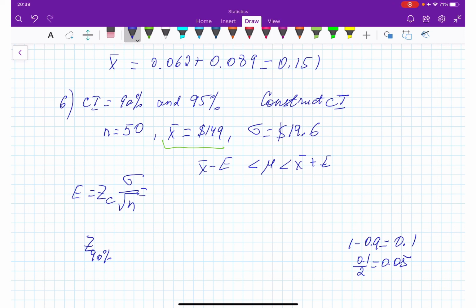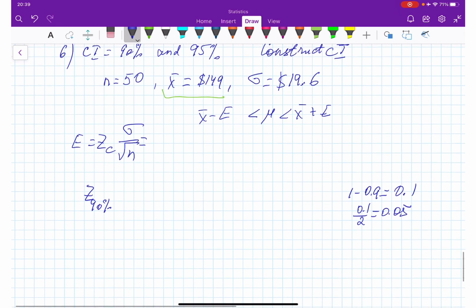Here it is, between 0.0505 and 0.0495. So Z critical is going to be equal to, where is it? I found it. Here it is, negative 1.645, which means we're going to use positive 1.645.